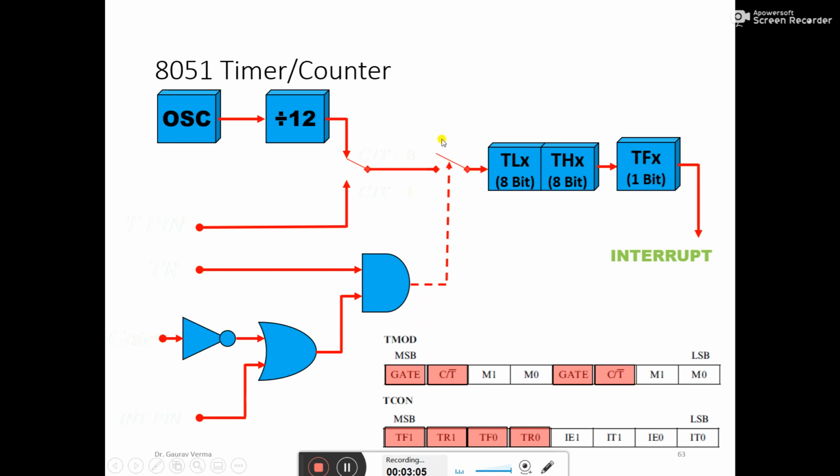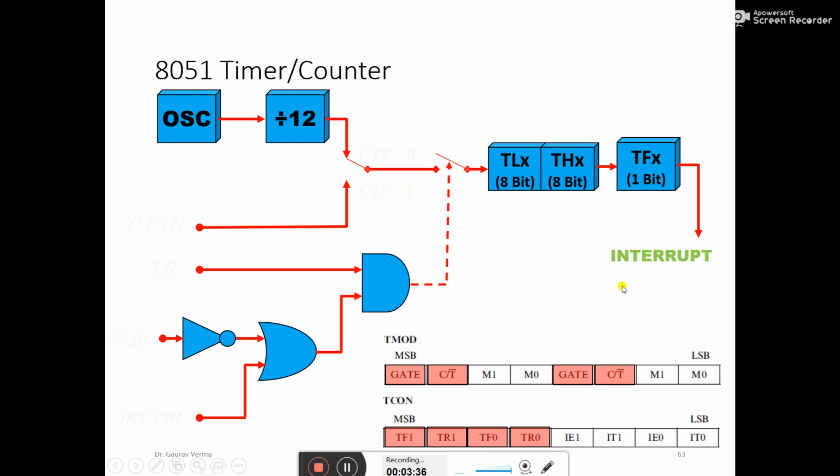Then it becomes 0 or 1, and at that point we can enable or disable these timers accordingly. To apply the timer or counter, we need these four flags. TR1 and TR0 start the timer. When TR0 or TR1 is high, the timer starts. When it is 0, the timer does not work.